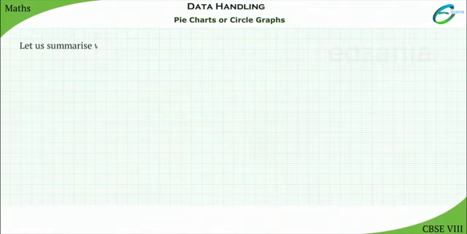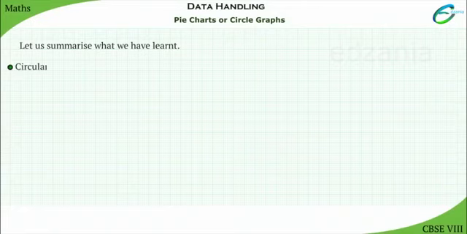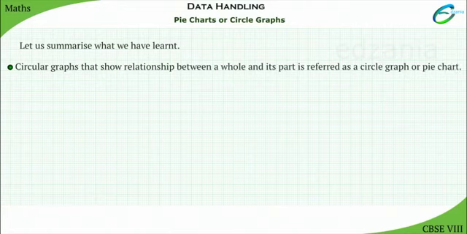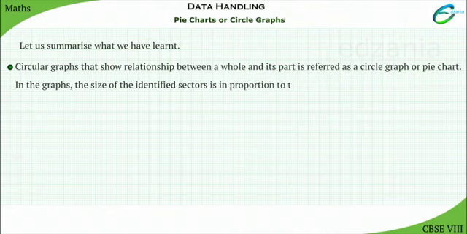Let us summarize what we have learned. Circular graphs that show the relationship between a whole and its parts are referred to as circle graphs or pie charts. In these graphs, the size of the identified sectors is in proportion to the activity or information presented.